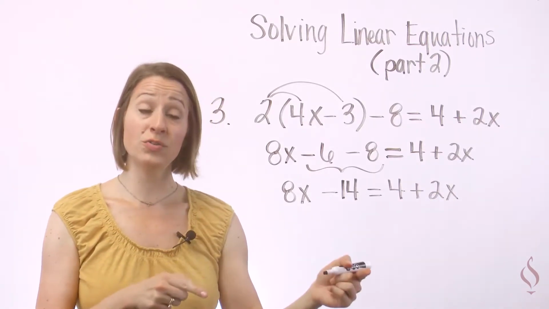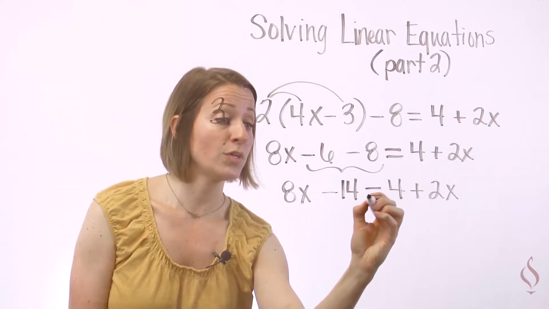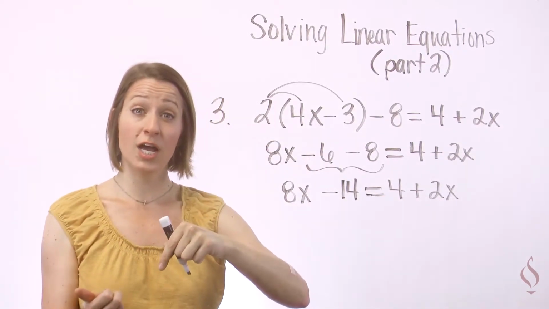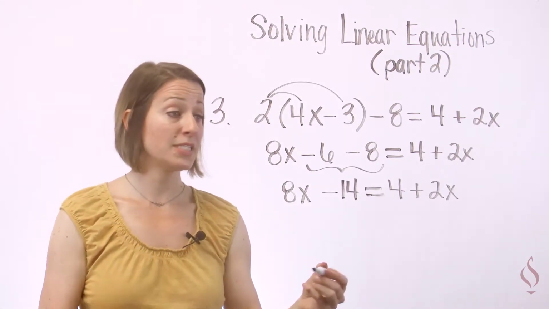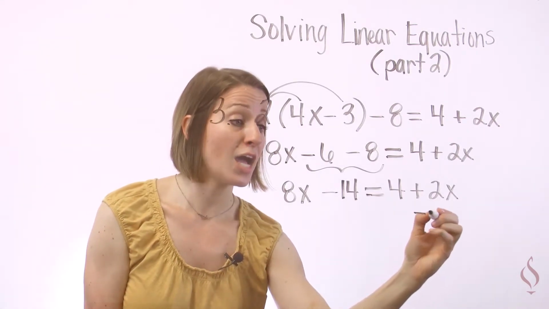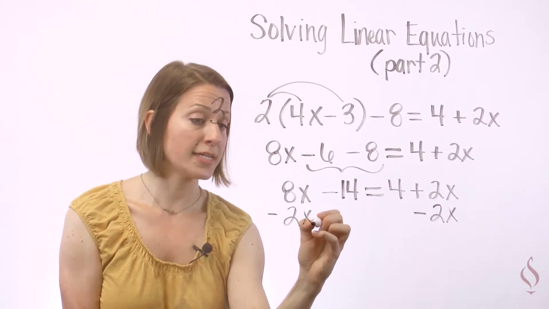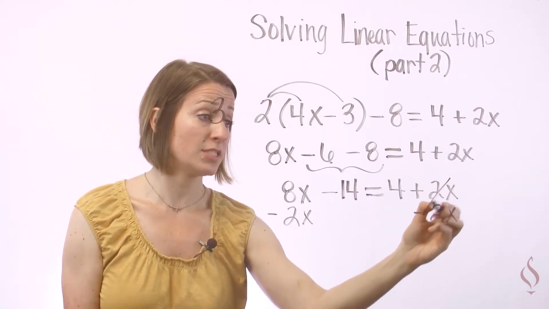Now the reason I do have to subtract this 2x is because right here, when we cross this equals bridge, that's when you have to do the opposite, because you are going to the other side. You're going to the opposite side, so you have to have the opposite operation. So we'll subtract.